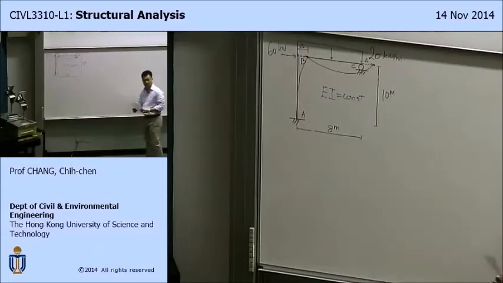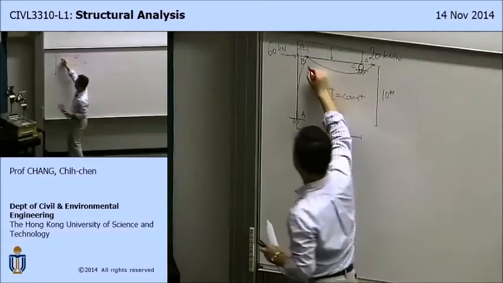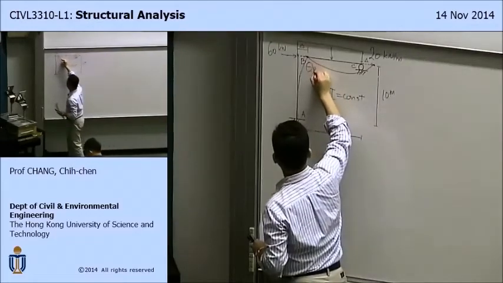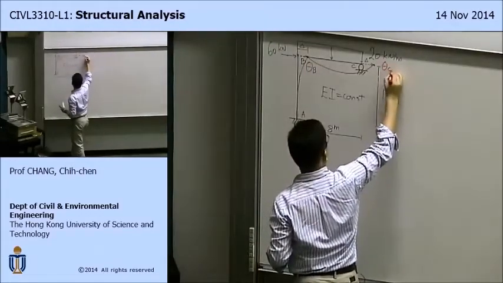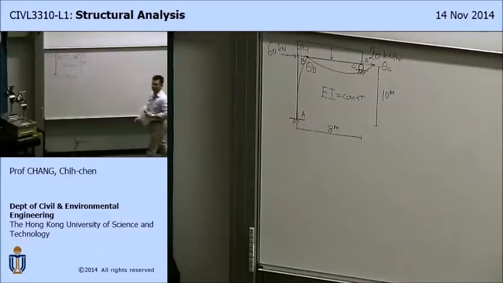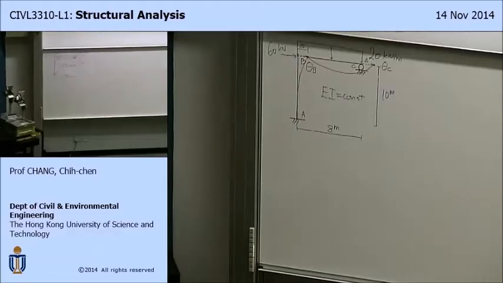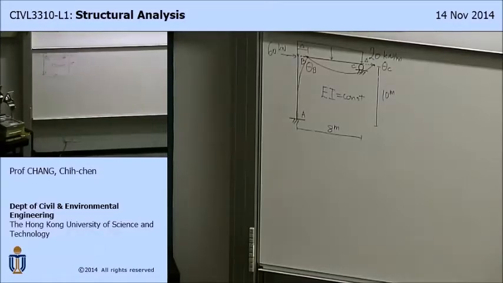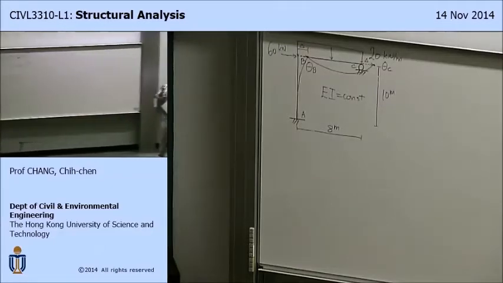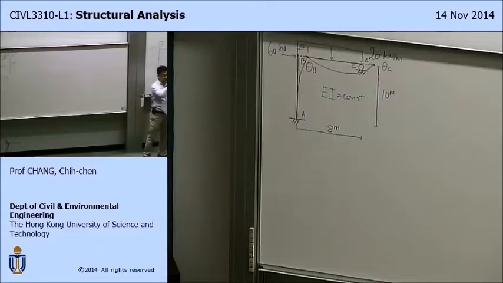So there will be 2 degrees of freedom, theta B and theta C. So expecting to see 2 degrees of freedom, theta B and theta C. If you can remember, the second equations I put down can further reduce the degrees of freedom to 1.